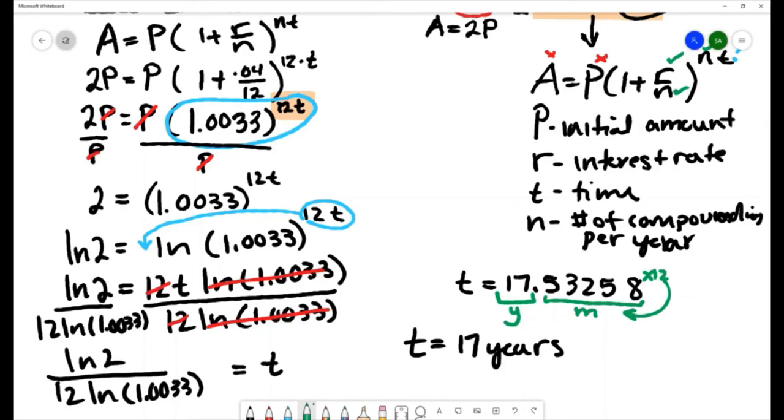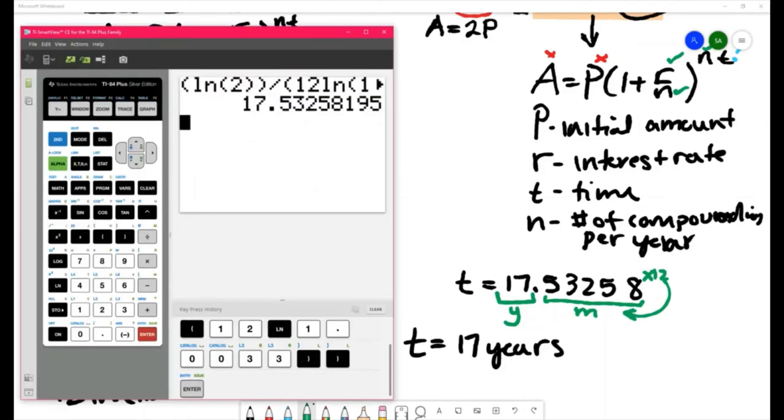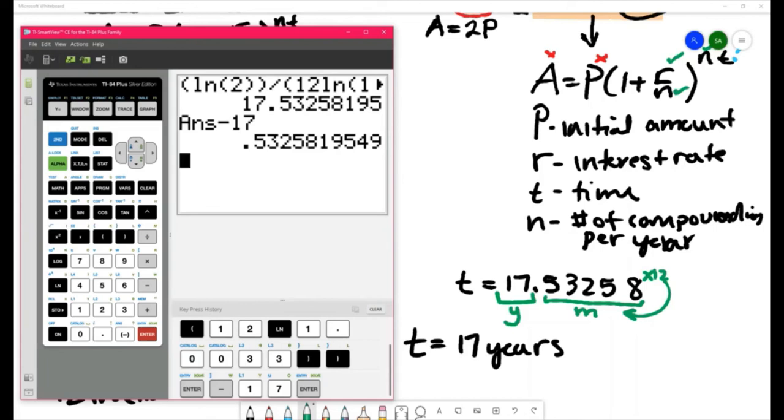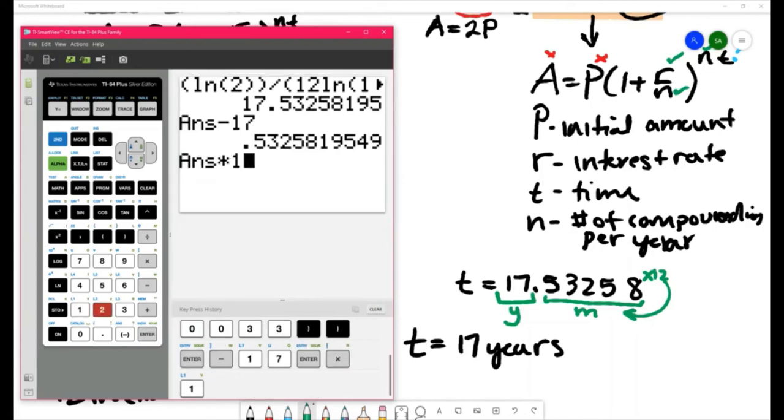Let's do that in the calculator. I'm going to subtract off the 17 that's in the front, and we're left with all the decimals, and we're going to multiply by 12. That gives me 6.39, or just 6 months. We're rounding down to 6 months.